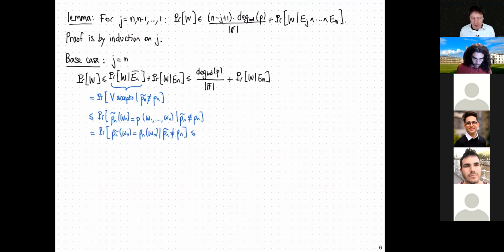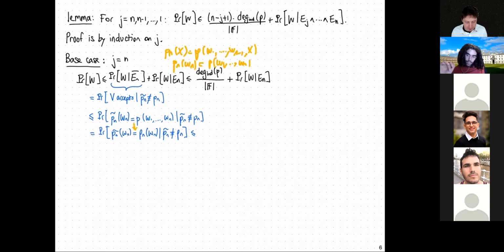But look, the definition of the honest Pn of x was P of omega 1 up to omega n minus 1, comma x. So Pn at omega n is P of omega 1 through omega n, right? So by the definition of Pn, we have that. And now we have two polynomials, they are different.